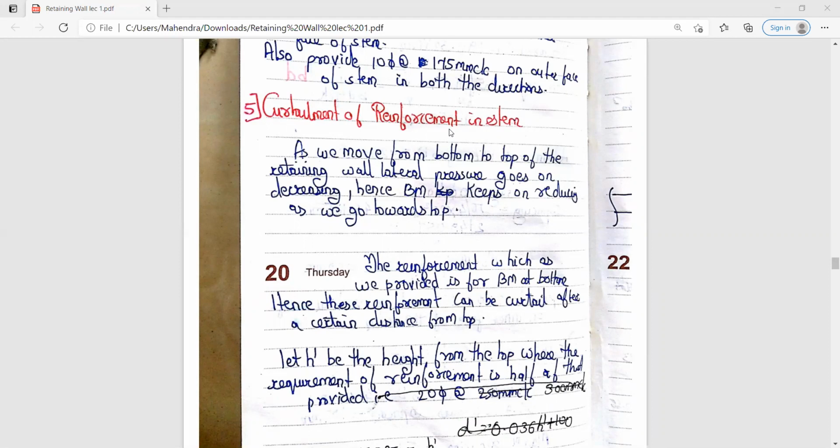As you know, the minimum thickness of the stem at the top we can keep as 150 mm, and for the bottom we can keep the minimum thickness as 300 mm. So first make a note of this one, then we will proceed further.